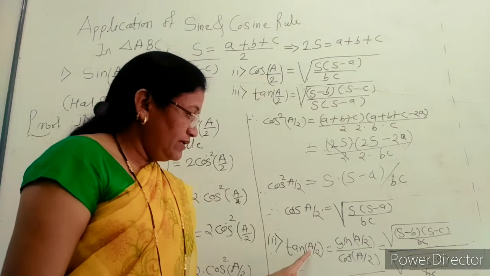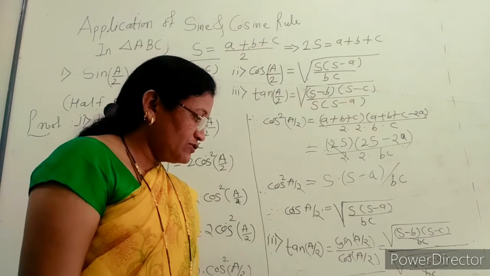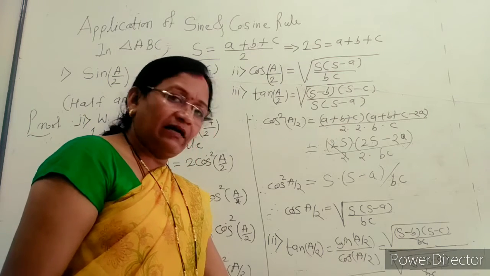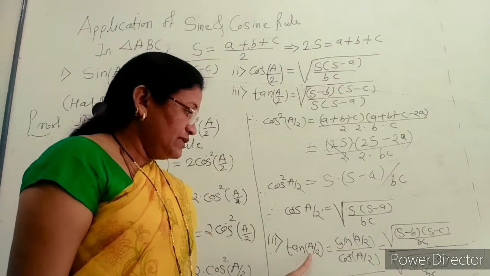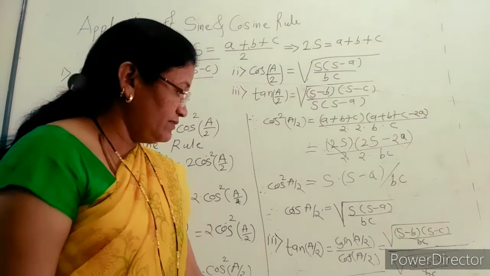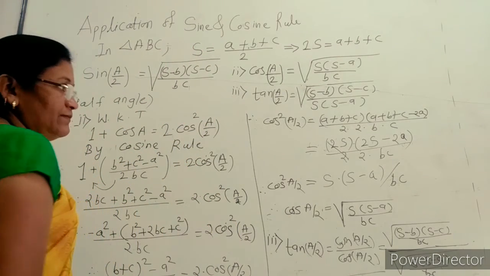In symmetric way, we can find tan B by 2. For tan B by 2, we take subtraction of sides a and c, and here we take side b. For C by 2, we take subtraction of a and b, and from this we subtract c, the length of side, which is nothing but c.